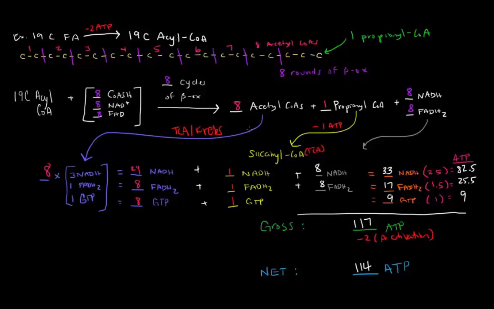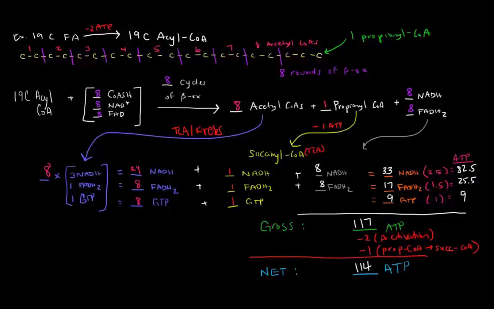But that still would leave us with 115 ATP. We also subtracted 1 from going from propionyl-CoA to succinyl-CoA. That process cost us 1 ATP. So we net 114 ATP overall.